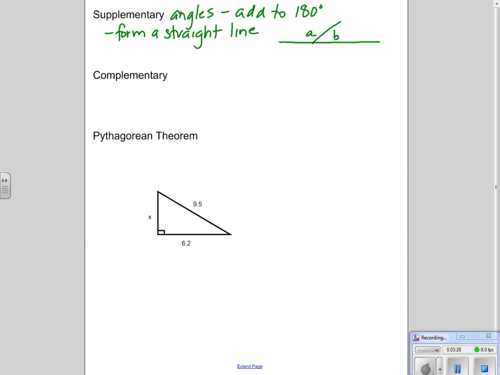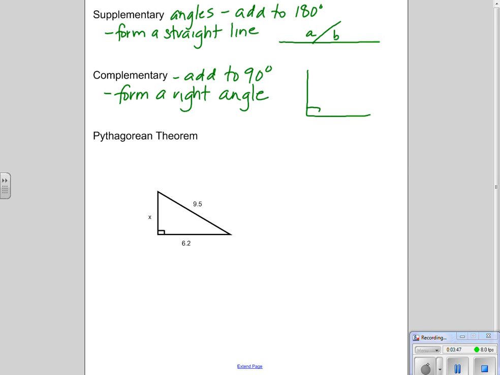They form a straight line, and if we knew their degree measure, they would add to 180 degrees. Complementary angles add to 90. They form a right angle. So this angle A and B, whoop, there, form a right angle. They would add to 90 degrees.